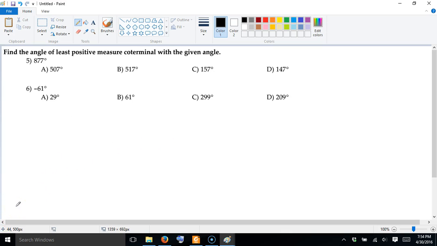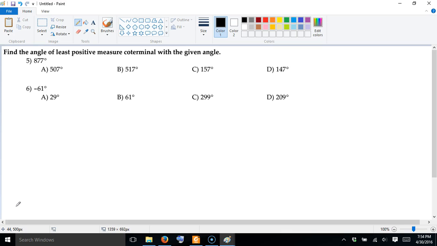Now, for these next couple of problems, I just wanted to remind you about coterminal angles. It says find the angle of least positive measure coterminal with a given angle. Anytime it says that, it means I want the smallest angle possible that is between 0 and 360 degrees.